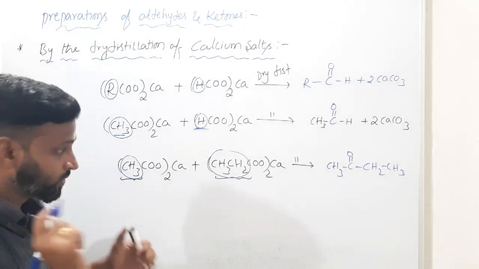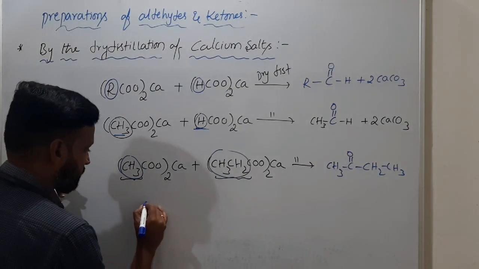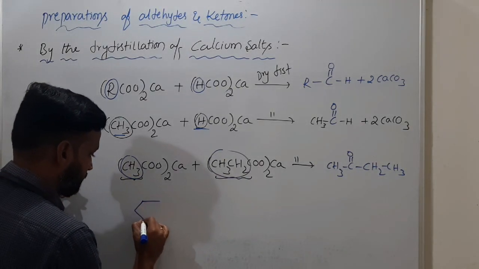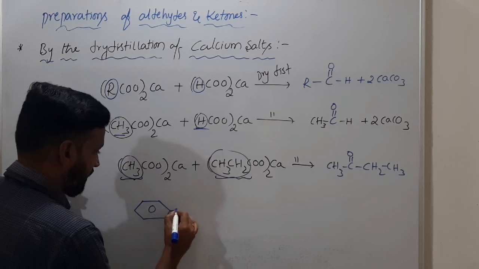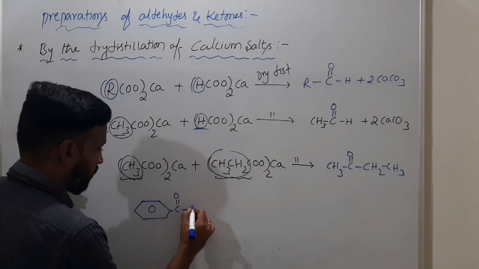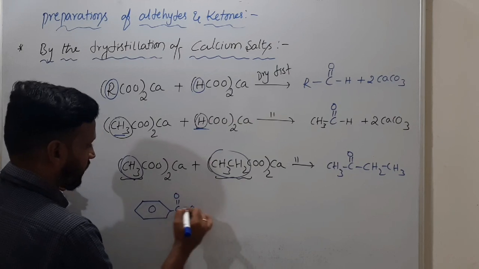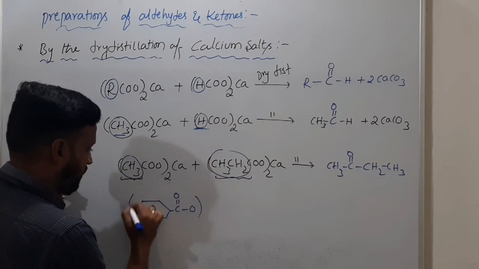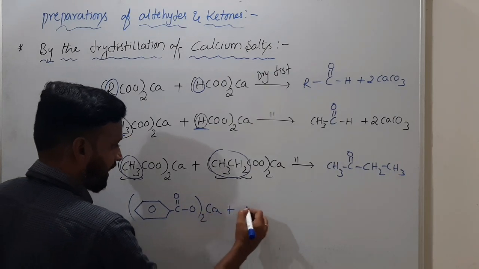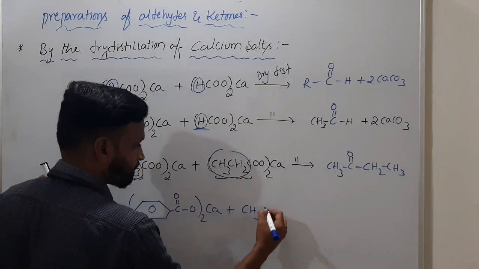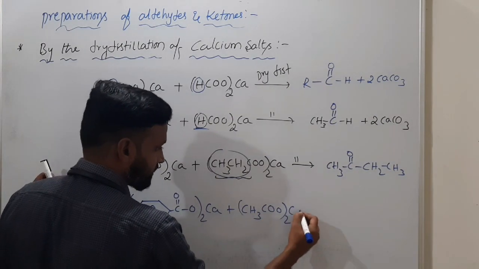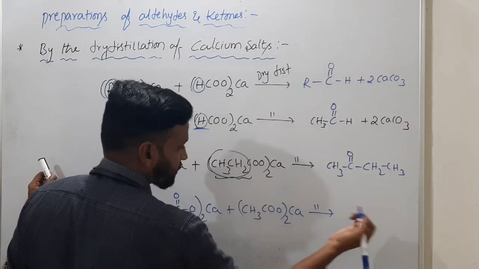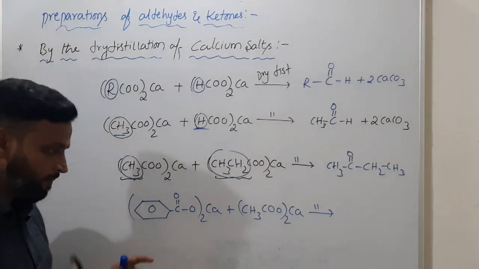Got it clearly? So I will write one more reaction. You have to write this: C6H5 and C double bond O, (COO) whole twice Ca, and (CH3COO) whole twice Ca on dry distillation. What is the product? You tell me.